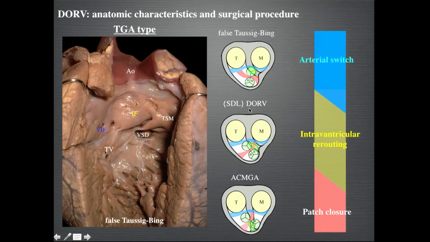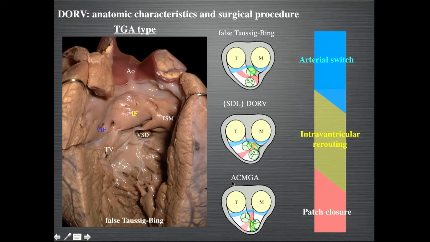And then another DORV where the aorta and pulmonary artery are a little bit side by side. Then interventricular rerouting is fitted through the VSD to the aorta. And then this one is anatomically a very difficult situation.